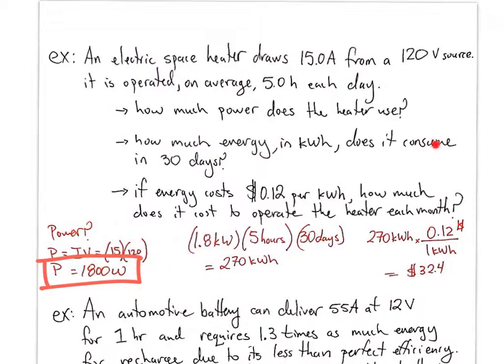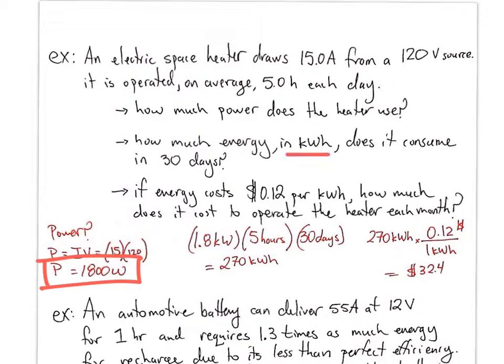So the total amount of energy it consumes in a month. So let's see. Kilowatts times time, remember, and then the fact that we're doing that each day for 30 days. So 1.8 kilowatts multiplied by 5 hours by 30 days, and we just get 270 kilowatt hours.